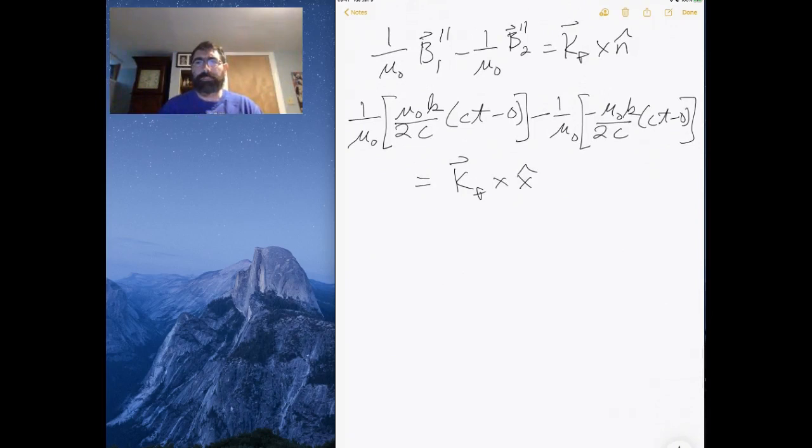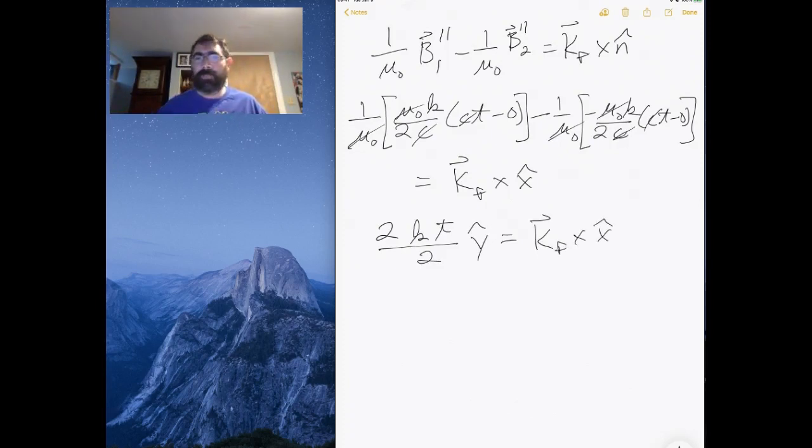Okay, so now if we were to work this out, the mu 0s cancel, the c's cancel, and what we would have is 2kt over 2 in the y direction is equal to kf crossed into the x direction, or kt y is equal to the current density over the area crossed into the x direction.